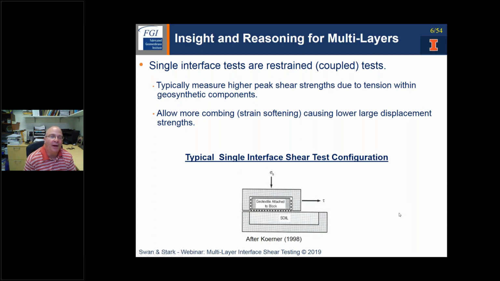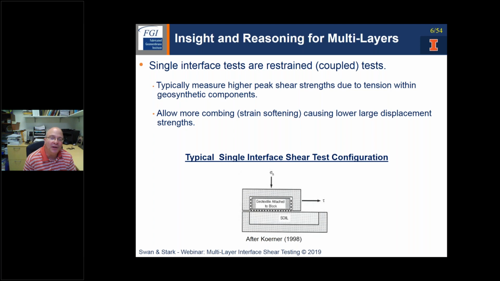So just going back to the single interface test, proper terminology would be a restrained or coupled test, meaning that we're specifically clamping one geosynthetic to one box, the other geosynthetic to the other, or geosynthetic and soil.